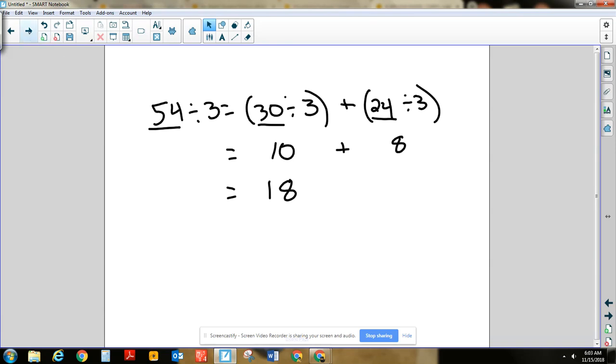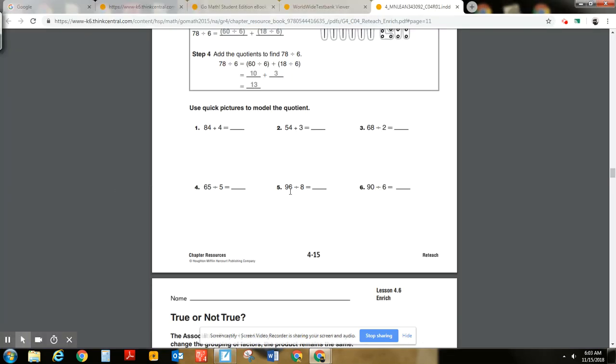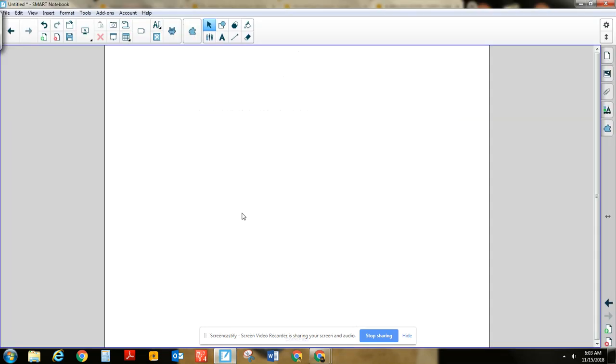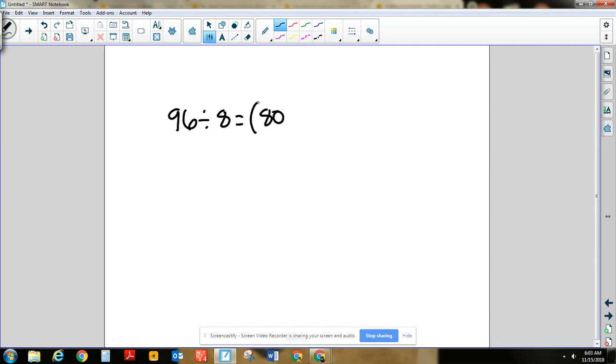Let's take a look at one or two more. Let's try 96 divided by 8. It's always important that when you're showing your work, you are writing down the exact same numbers. Now, I'm not super good at 8, but that's okay. I'm not great with my multiples of 8, but I can still break up this 96. I can break it up as an 80 divided by 8, and 16, because 80 plus 16 equals 96.